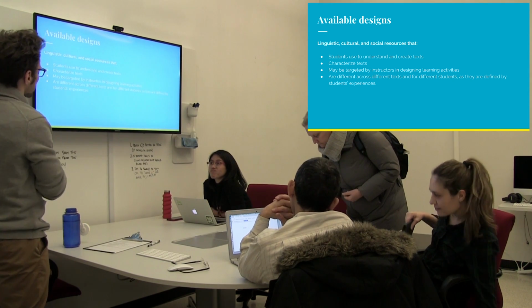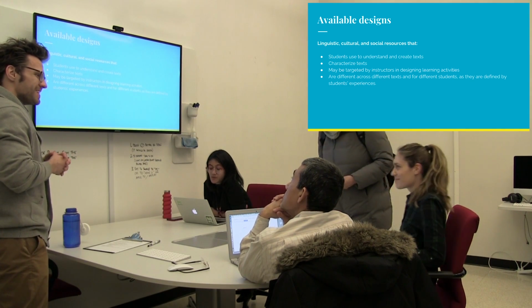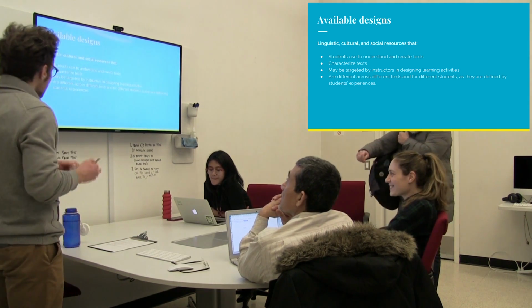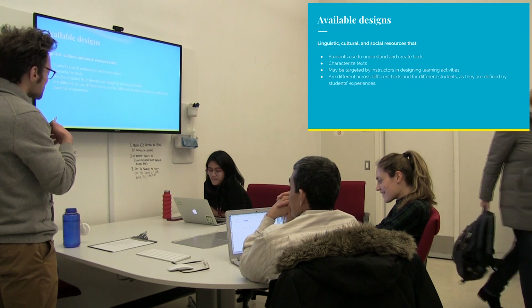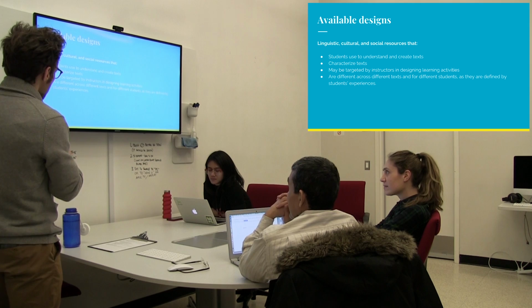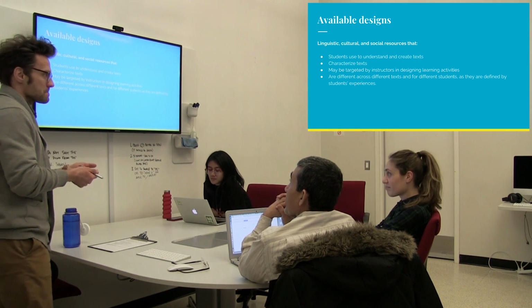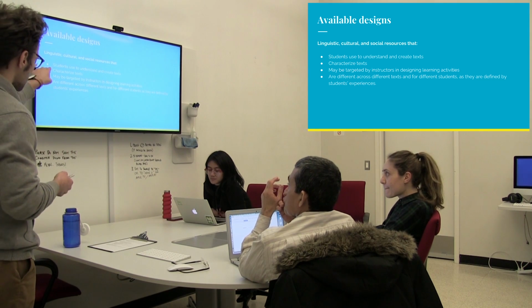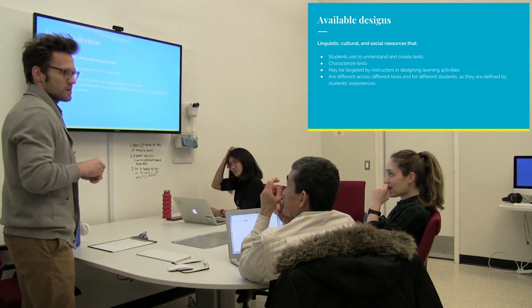So one way to look at available designs is as these packets of experiences and information and knowledge that exist or are brought into the space of a classroom, that are then brought on by instructors as well as by students. And they could be encoded under various guises like videos, music, gestures, and so on and so forth.